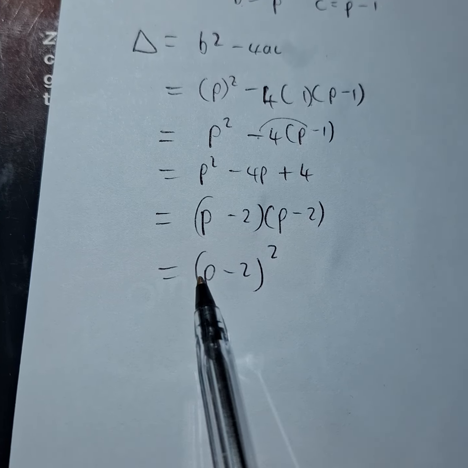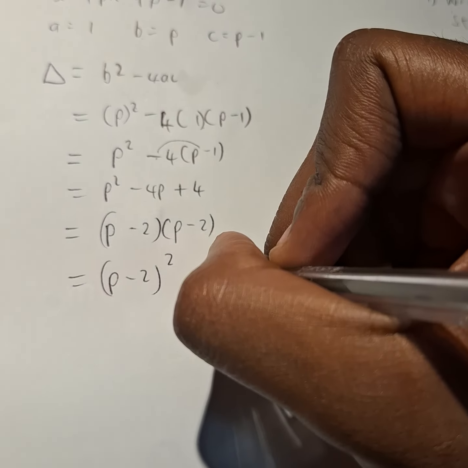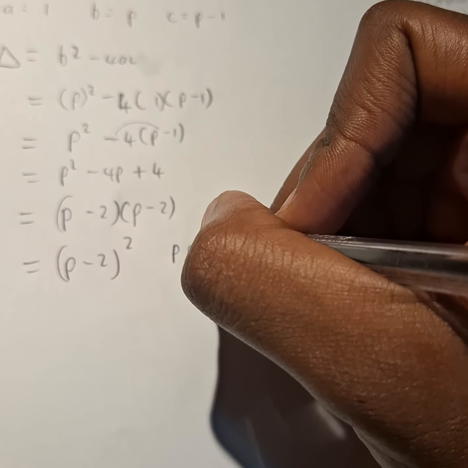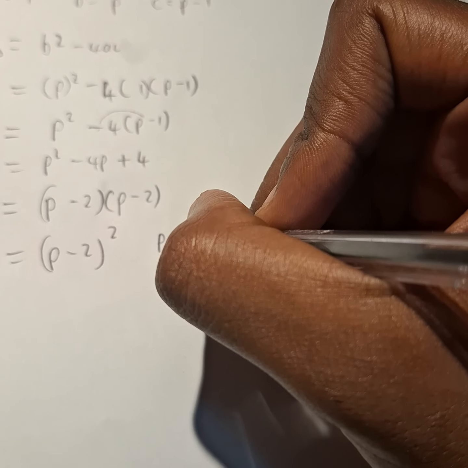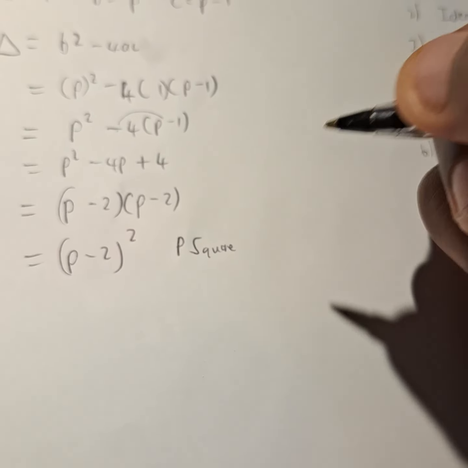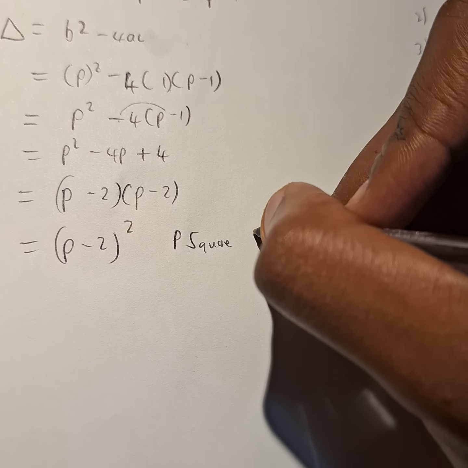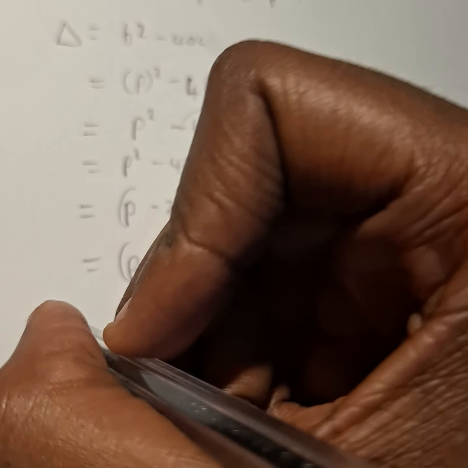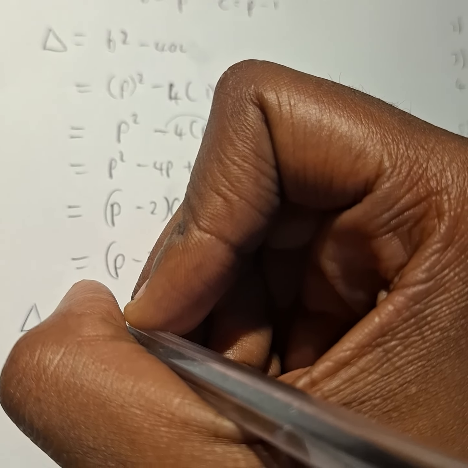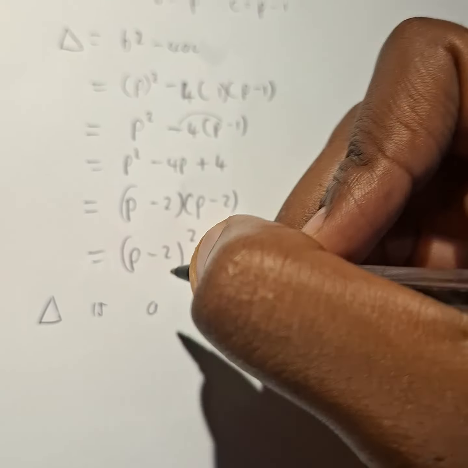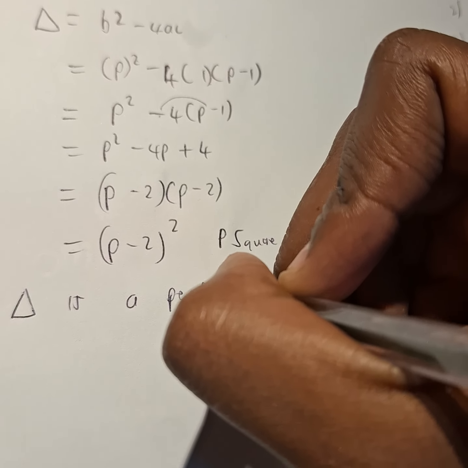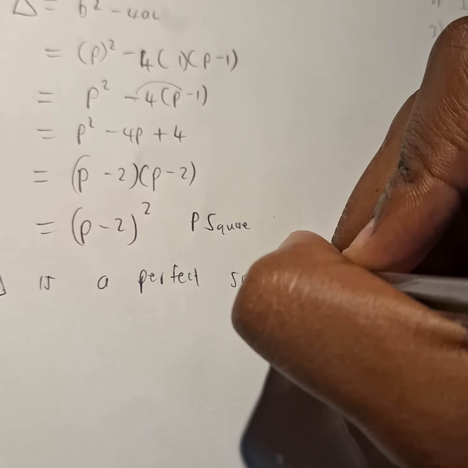Now this here is what we call a perfect square. It's basically an expression that is a perfect square. So therefore we say delta is a perfect square.